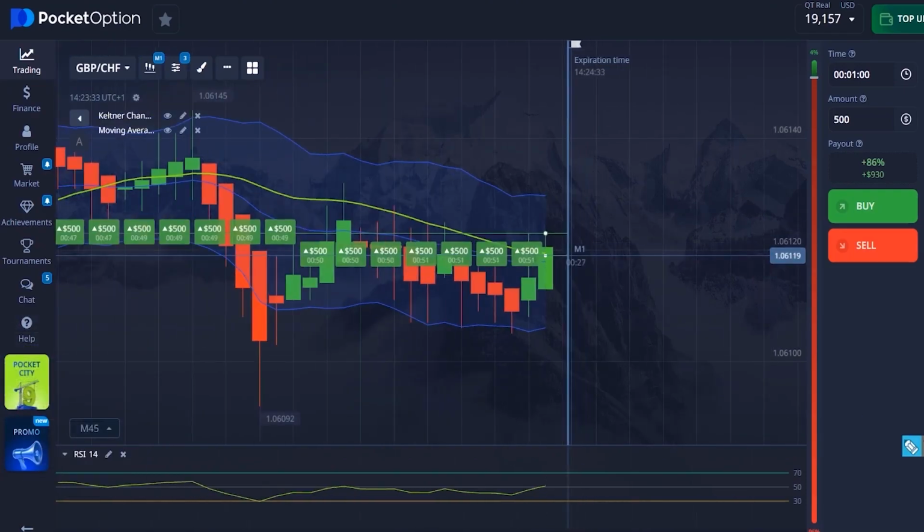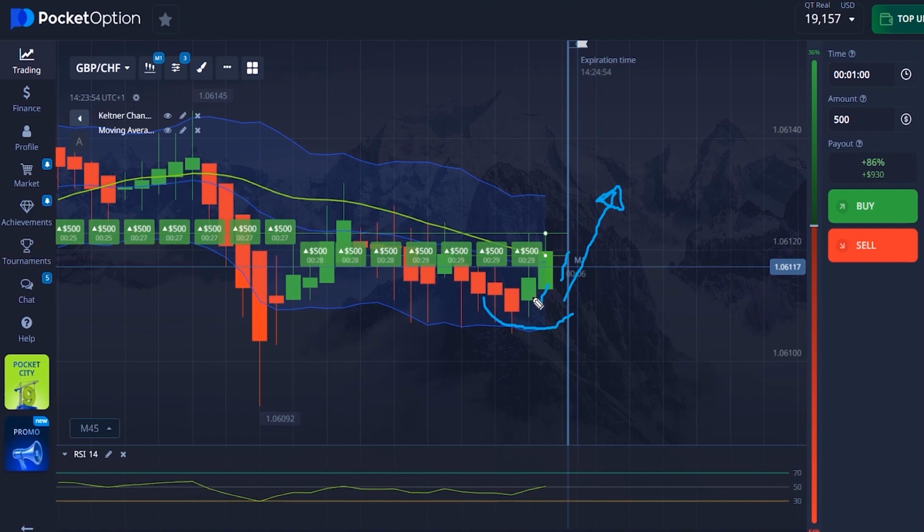So the first thing I put into consideration is the case of an up position. The candlestick is reversing from the lower parts of the Keltner channel right at this point. It has to be reversing from this point, and the candlestick has to be a stable candlestick. Each of the candlesticks has to be engulfing each other and has to be going towards an upside direction.